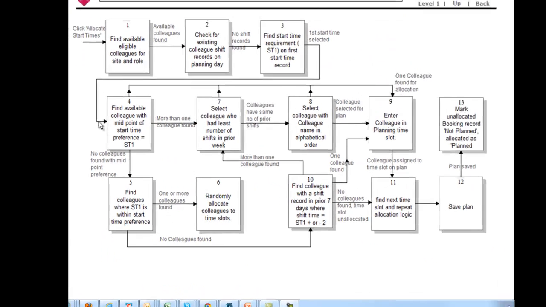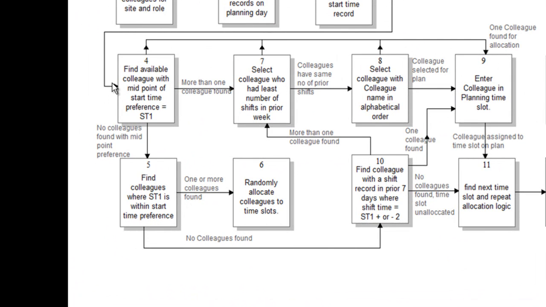Let's look at box 4. What it's looking for is any colleagues that have a preference start time where the midpoint of that preference start time is the same as the start time requirement. So for example, if a colleague had a preferred start time of between 8 o'clock and 12 o'clock, the midpoint is going to be 10 o'clock.